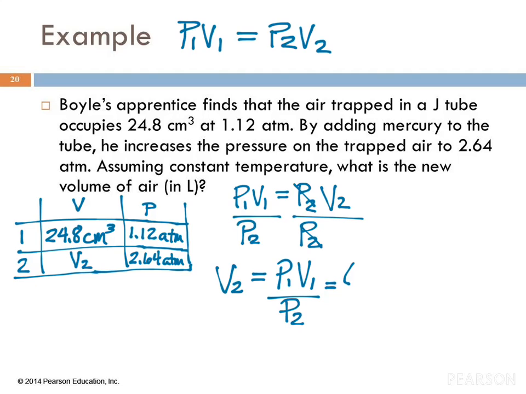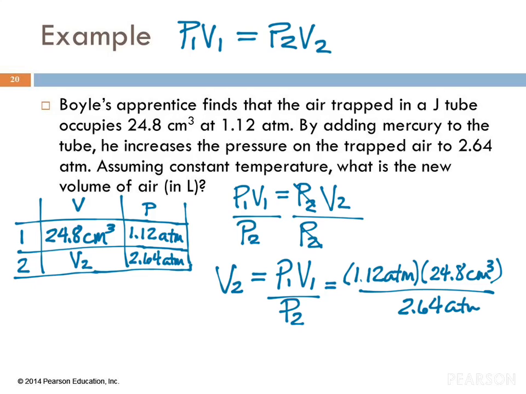So pressure 1 is 1.12 atmospheres, and volume 1 is 24.8 cubic centimeters, and that's all divided by pressure 2, 2.64 atmospheres. And then we look at the units.